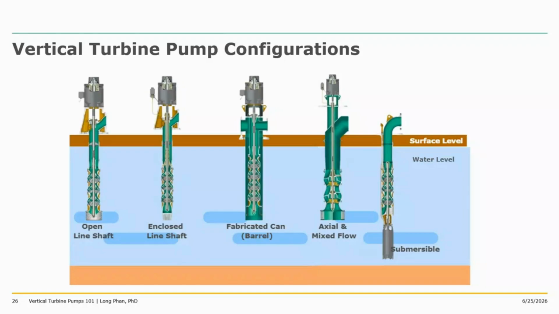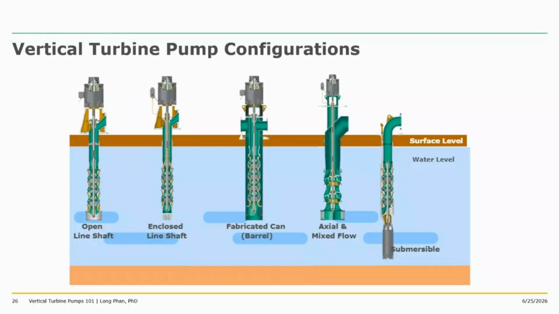The first four pictures that you see fall under line shaft vertical turbines, and the last one is a submersible turbine pump. The key difference between line shaft and submersible vertical turbine pumps is the location of the motor. In line shaft vertical turbines, the motor is located above the surface, whereas in submersible vertical turbines, the motor is submerged in the water.